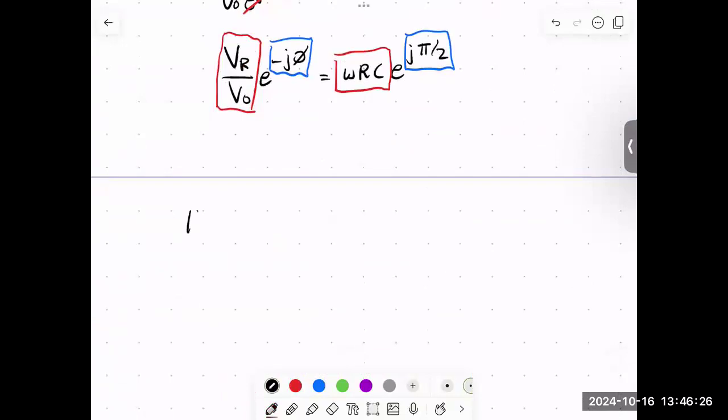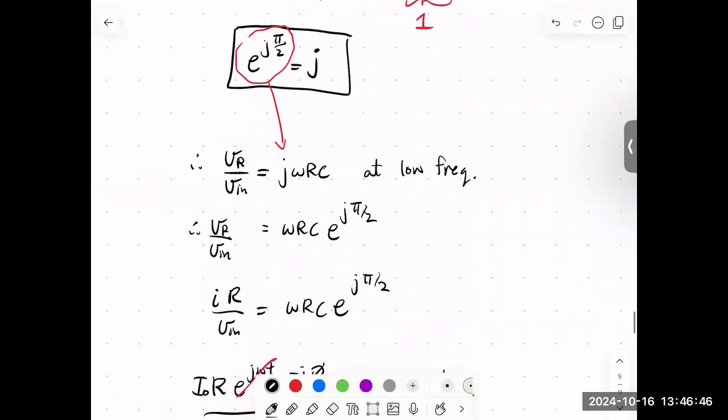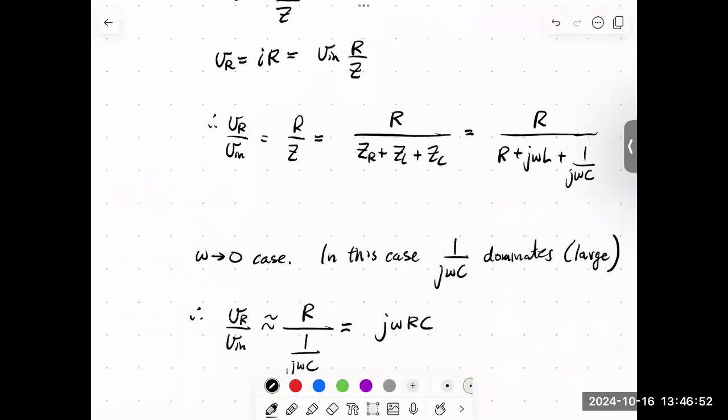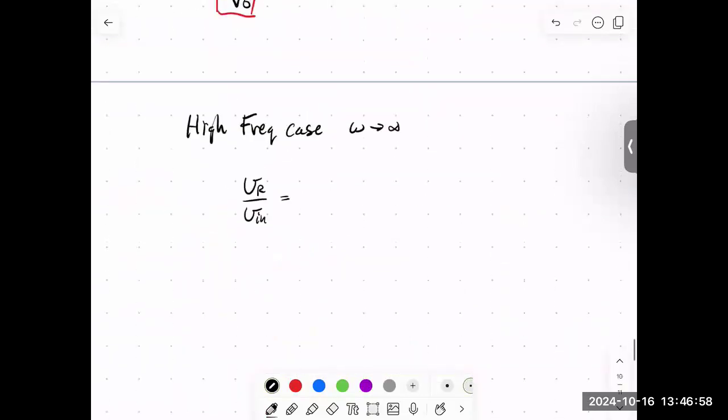Okay, so the high frequency case, omega goes to infinity. All right, so we will start with the voltage across the resistor divided by the voltage at the input, which was equal to, let's see, we wrote that down up here. R divided by the impedance. j omega L plus 1 over j omega C is approximately what?